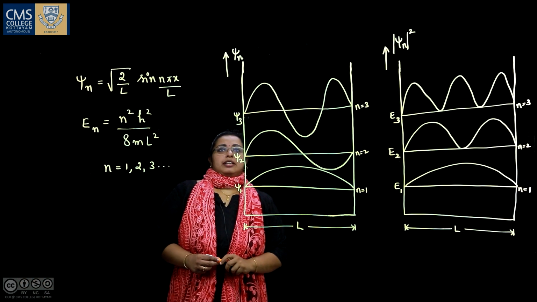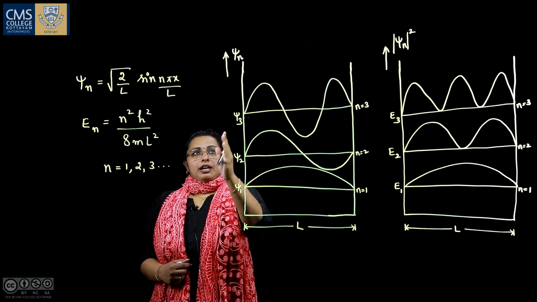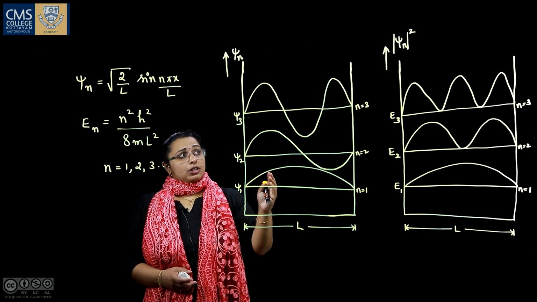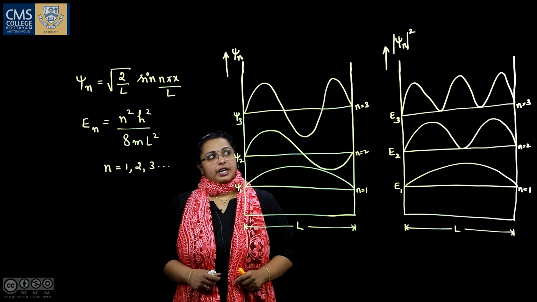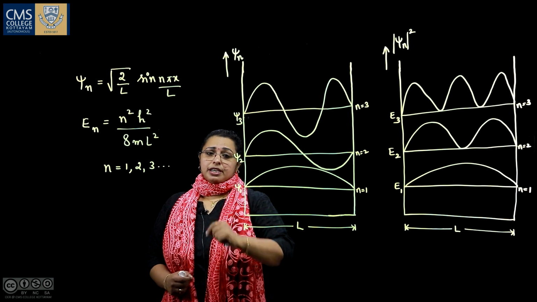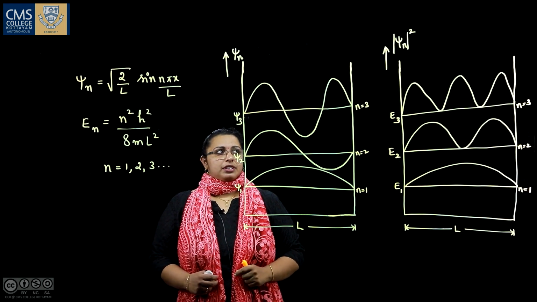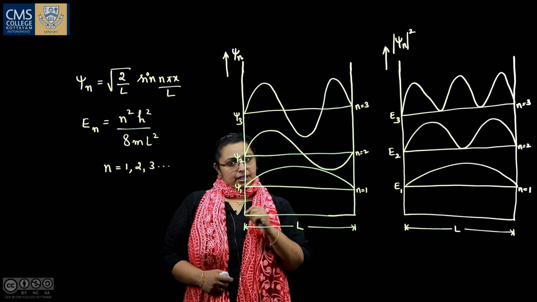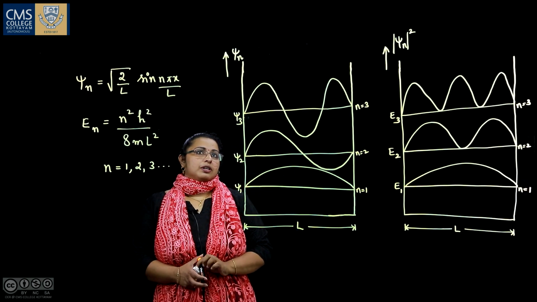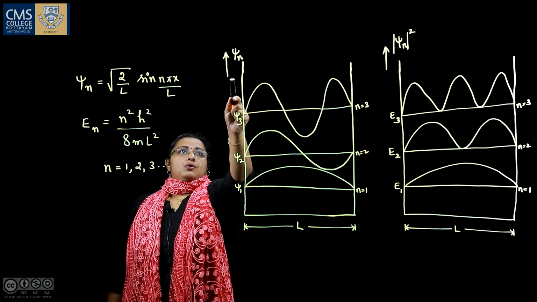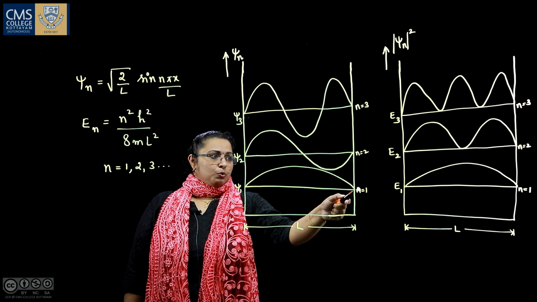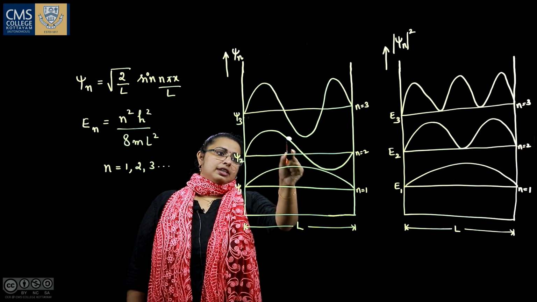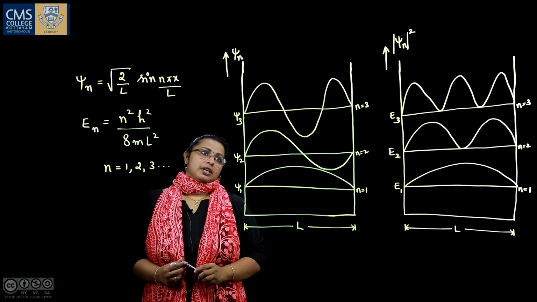Next, we are plotting this value of psi n with respect to L and also psi n square, where psi n gives you the wave function, psi n square gives you the probability of finding the particle. We can just have a look. So, psi n, when n is equal to 1, n is equal to 2 and n is equal to 3, you get the variations as this one.